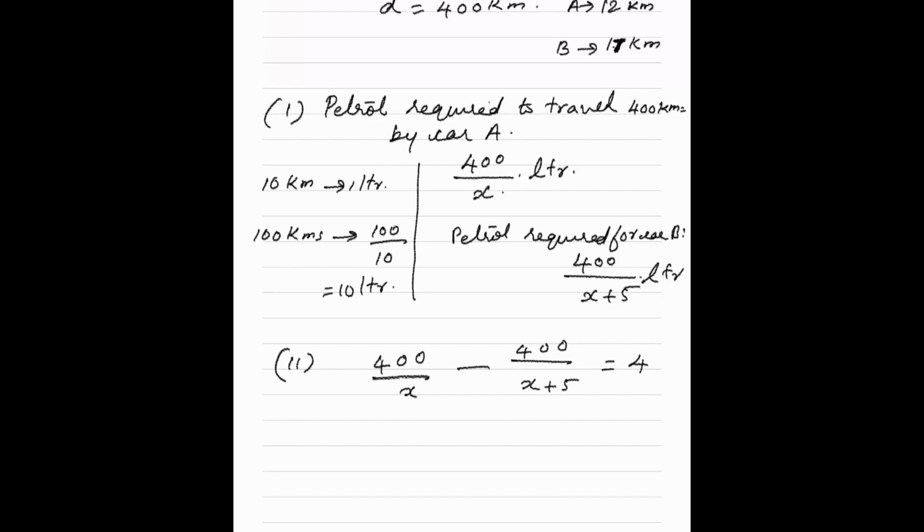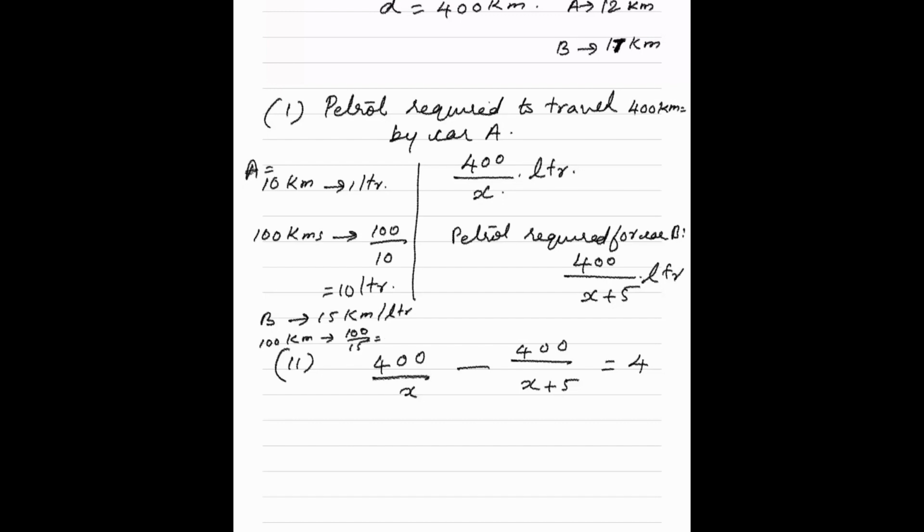If I explain with my previous example, if 10 kilometers are covered with 1 liter of petrol by car A, whereas car B covers say 15 kilometers per liter. For traveling 100 kilometers, how much will it go? 100 divided by 15.